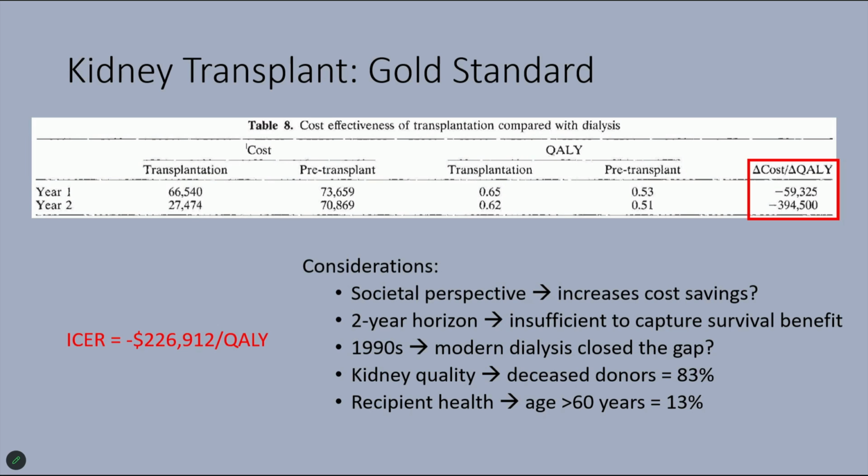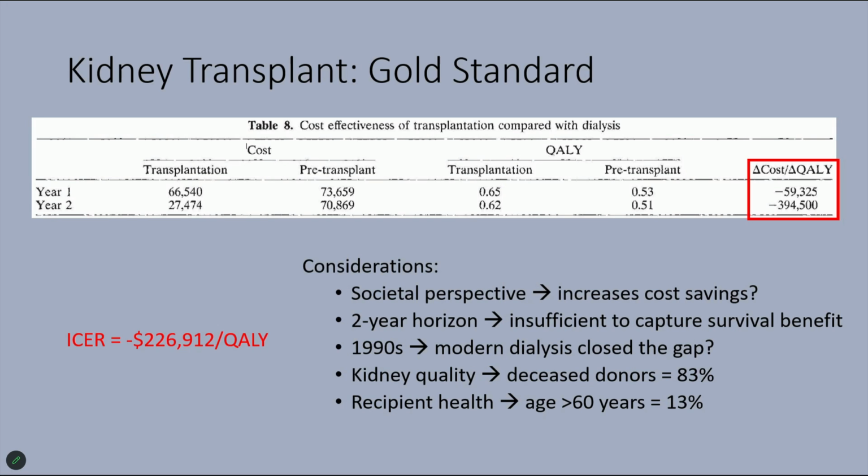A couple of considerations. Interestingly, this study considered the societal perspective, which can serve to compound the cost savings once the patient, caregiver, employer, and social service costs are all considered, which potentially amplifies the favorable ICER.